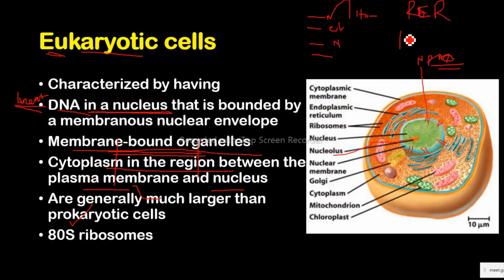It is called rough because it has very many ribosomes. Then you have the smooth endoplasmic reticulum. Now this smooth one lacks ribosomes. So that's why it is called smooth.